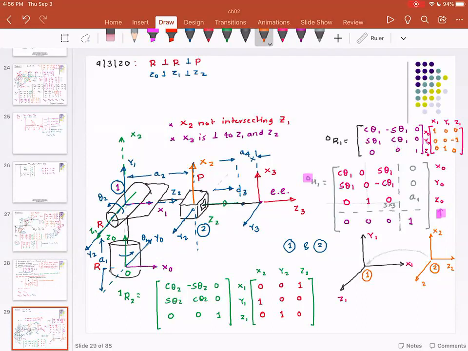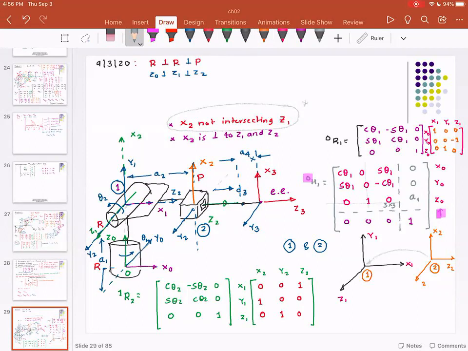Do you agree with me? What was the condition that was not satisfied? The condition that was not satisfied is x2 is not intersecting z1. But as soon as I translate the frame, I could satisfy this condition.